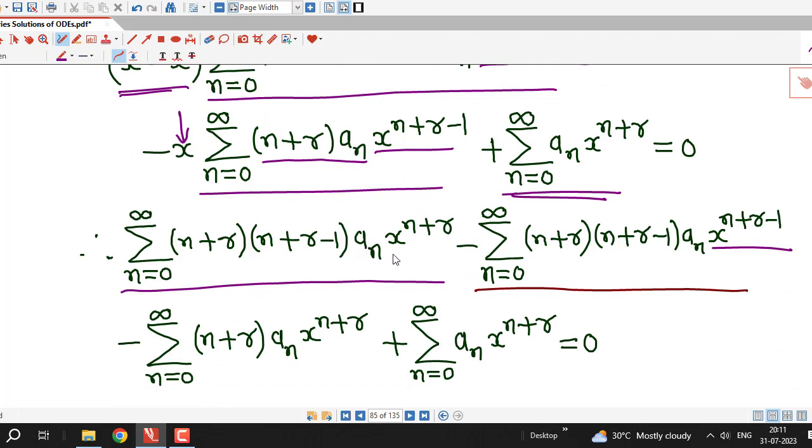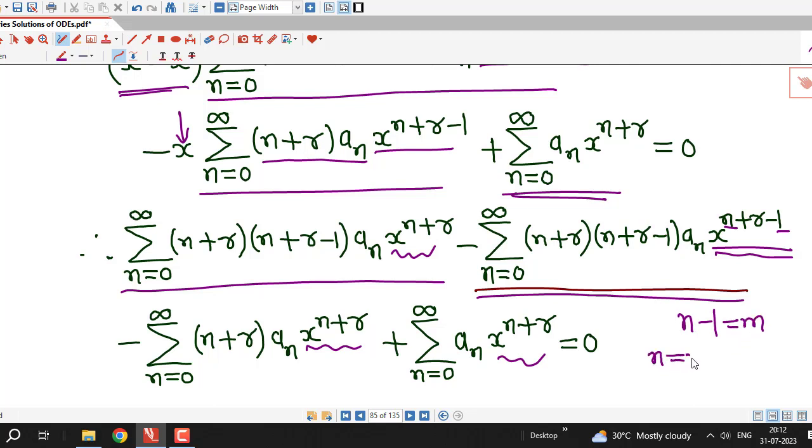Now in each summation you can see we have x raised to n plus r in all these three summations, but here we have x raised to n plus r minus 1. So as usual, first we have to convert this power in terms of x raised to n plus r. For that, this n minus 1 will be considered as new index, say m, and therefore n will be equal to m plus 1.